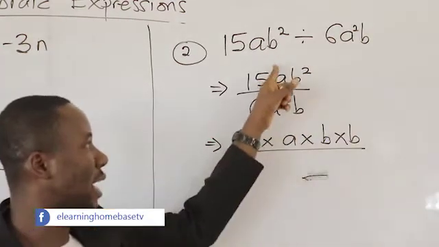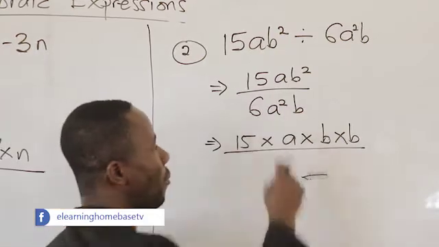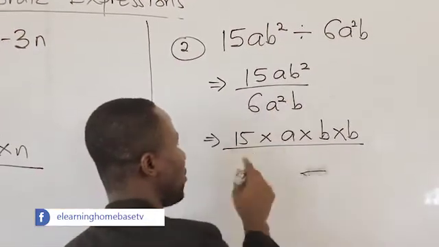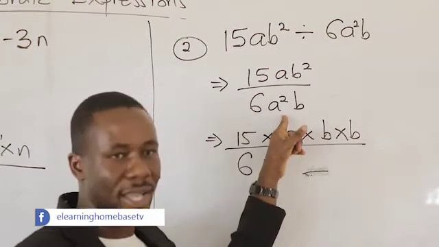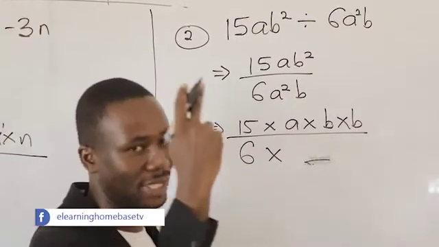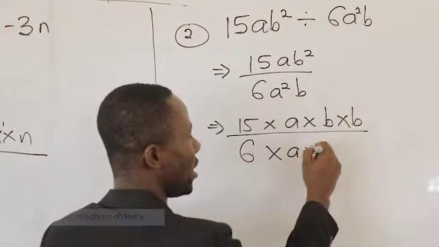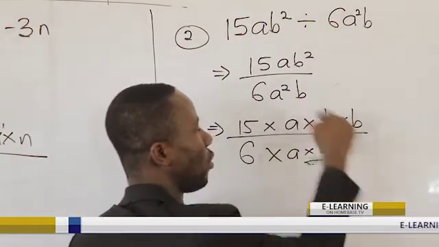So that's the numerator. Now the denominator too, express in terms of multiplication by dealing with the exponent. So 6, a exponent 2, meaning a multiplying itself repeatedly twice. So times a times a. And then times, we are left with what? B.